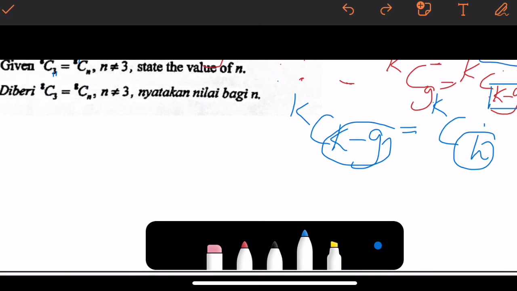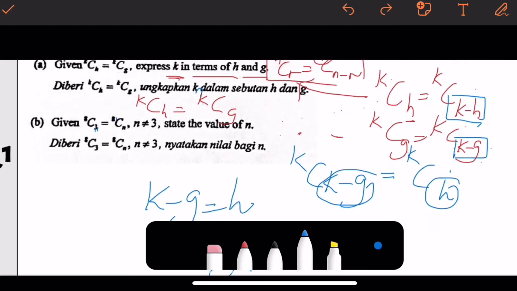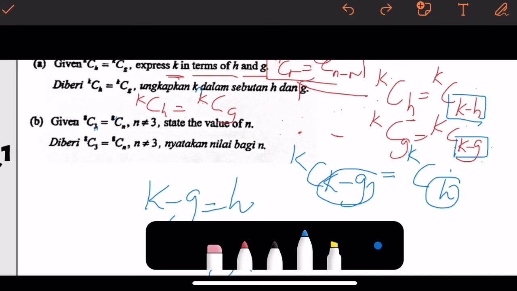These two are the same, so K minus G equals H. So K in terms of H will be G plus H. We just make it equal, so we have to do comparison. We just compare the ones that we can relate to, like these two.